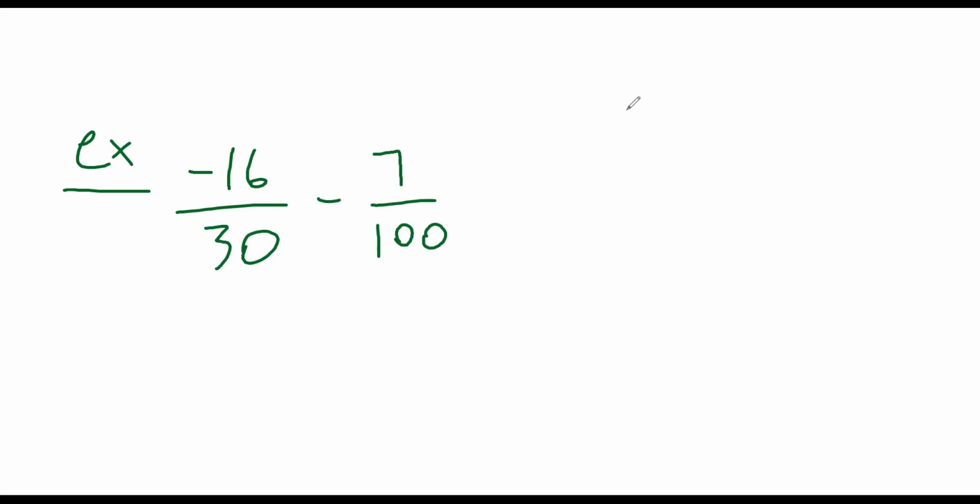So could I just multiply 30 by 100, which is 3,000, and that would be a perfectly usable denominator? 3,000, would that work? It would work. I can multiply the top and bottom of the 16 over 30 by 100. I could go to the other one, and multiply the top and bottom by 30. I'd get that 3,000 denominator and I'd be good to go.